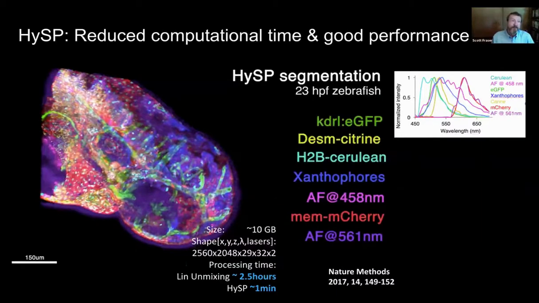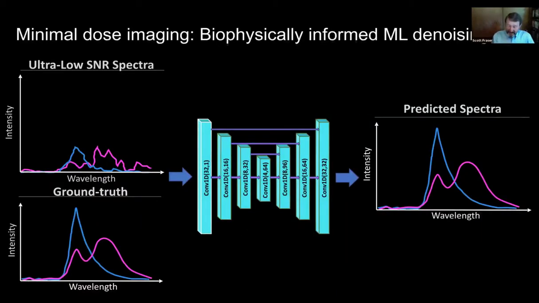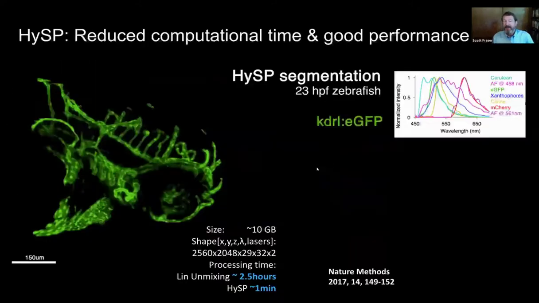So that solves a bit of our problem, but we still have a problem. I'm going to go back here. We still have a problem in separating these out, that these spectra are collected with a large number of photons, and we want to be able to do the imaging at a minimal light dose.